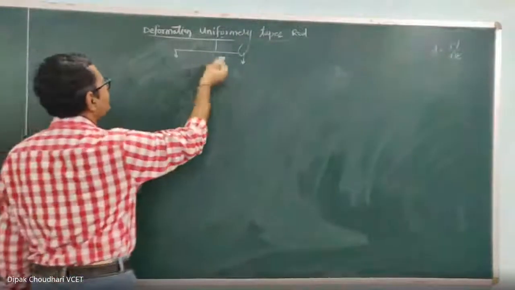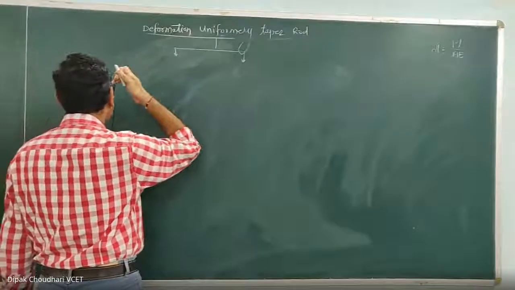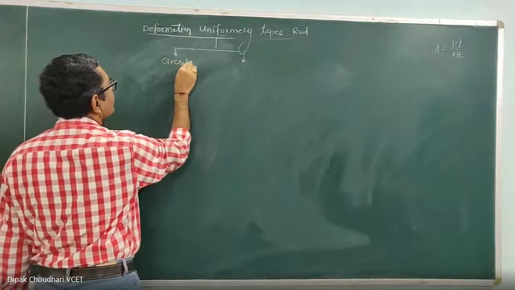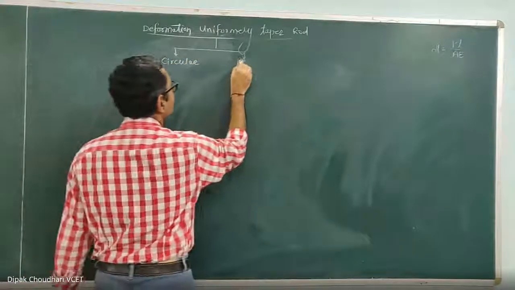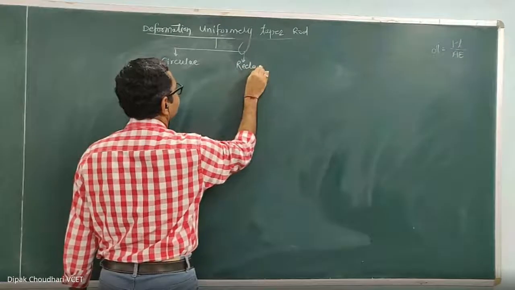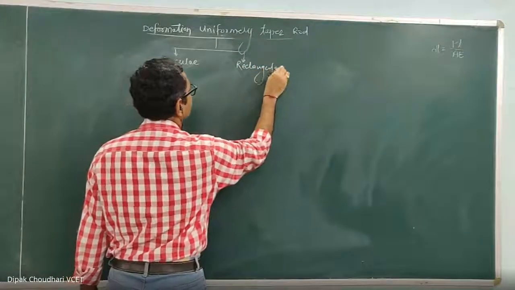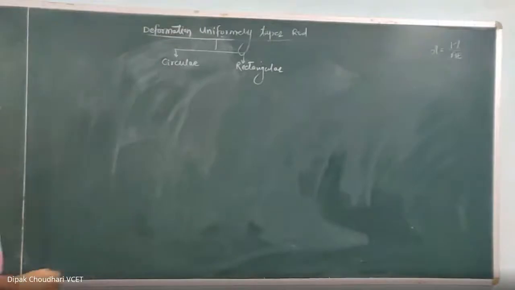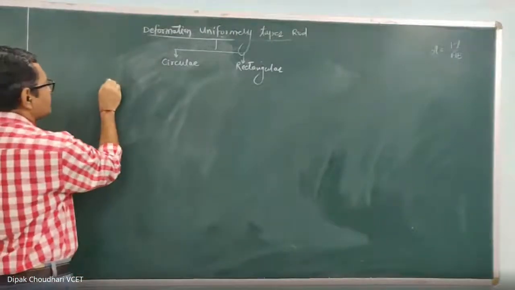Under this, there are two different types of rod we are going to consider. One is the circular rod, where the cross-sectional area is circular, and the other one is a rectangular one. How to find out the deformation of the uniformly tapered circular rod first?